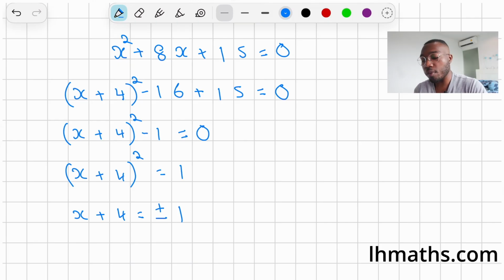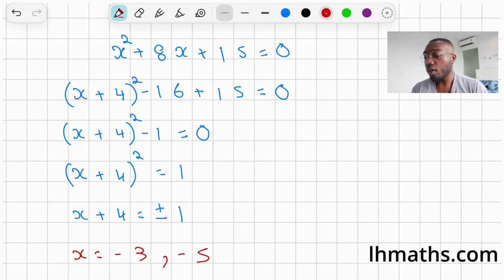Remember, always a plus or minus. And then once you're at this stage, to get x, it will be either 1 minus 4, so 1 minus 4 would give us x as -3. And then it would be -1 minus 4, which would also give us the -5.